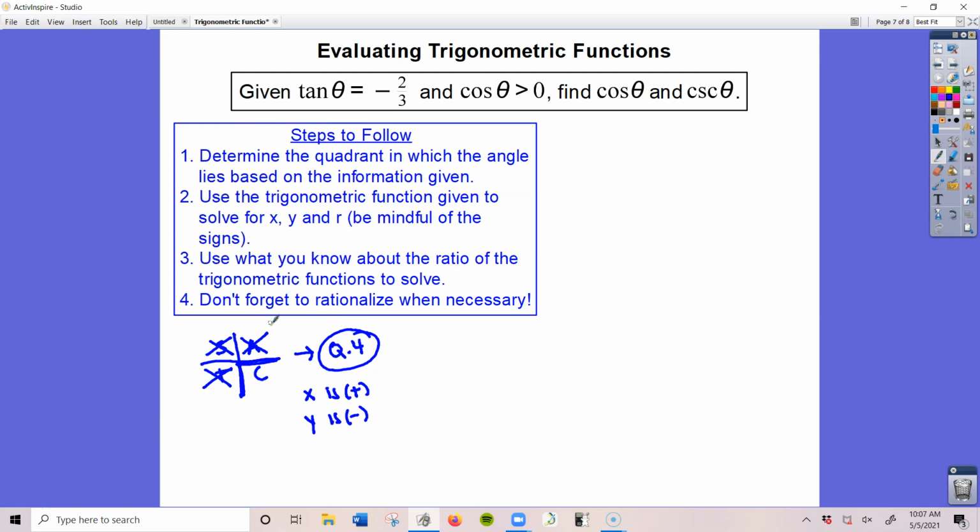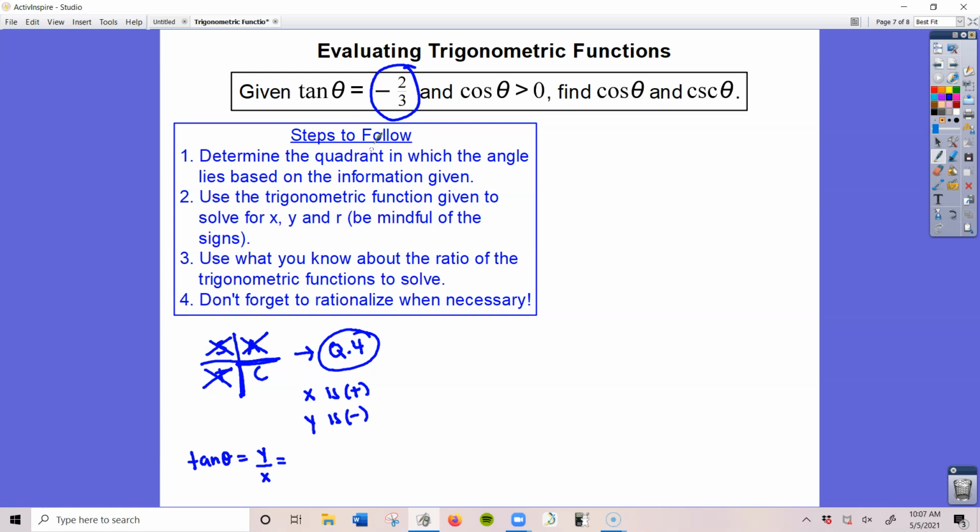So what I do now is I use the value that's given, and you see how we have that negative. I'm going to attach that negative to the correct value, which is the y. So let's examine that a little bit. We have that tangent of theta is equal to y over x.